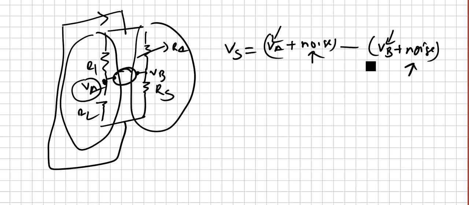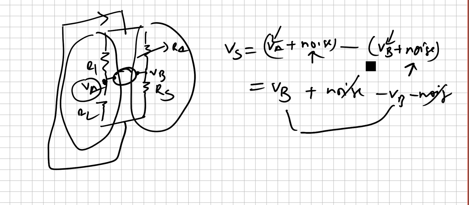If we solve it, we get that both the noise components get cancelled and we get accurate measurements. So another advantage of using the Wheatstone bridge is that there will be very little noise, and the value of resistance Rs which we measure will be very accurate. Thank you.